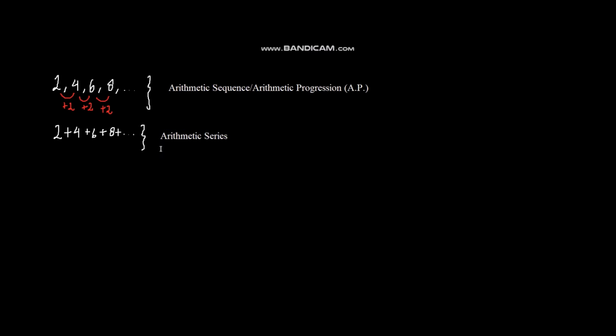So this is called an arithmetic series. And they're both different. So now that we know the difference between these two terminologies, let us move on to discussing arithmetic sequence in this video.